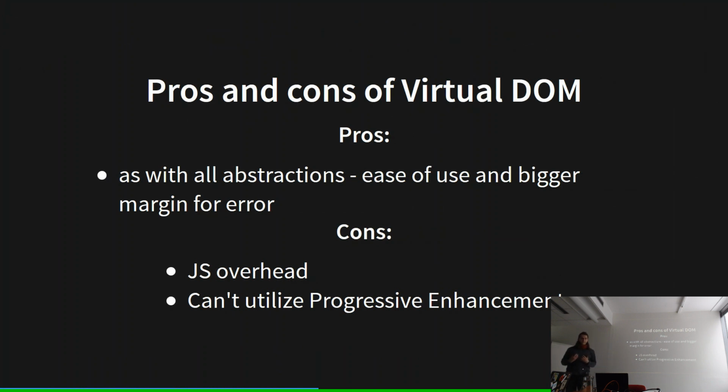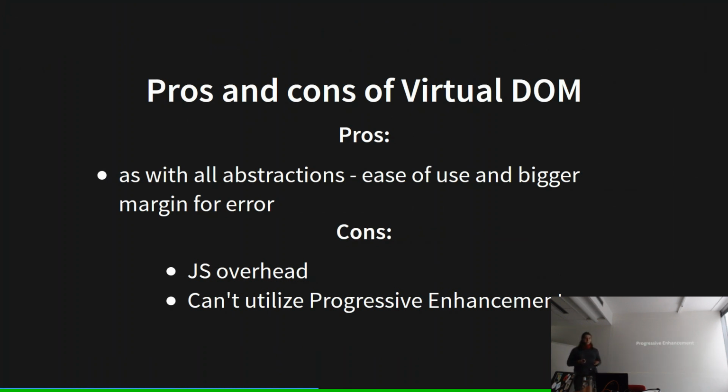The second con, which I see as a deal breaker for me a lot of times, is that you can't utilize progressive enhancement. I come from a background of a developer who for almost the past 2 years worked with applications that can be as old as 20 years. So I think that's something that's important to me.